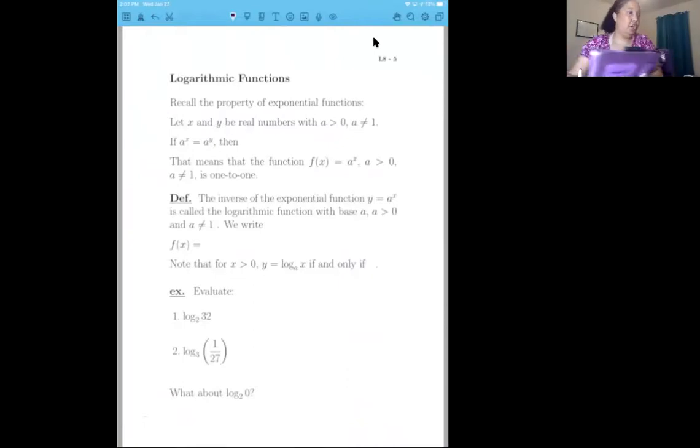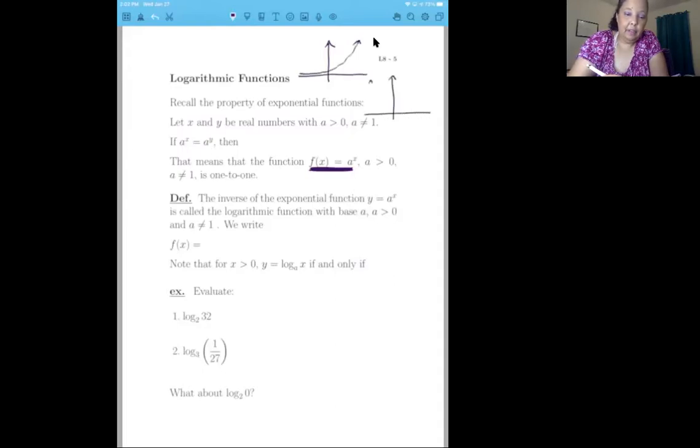All right, so if I have a function that looks like f of x equals a to the x, where a is greater than 0, a is not equal to 1, and we know that those graphs look like this if a is greater than 1, and it looks like this if a is between 0 and 1.